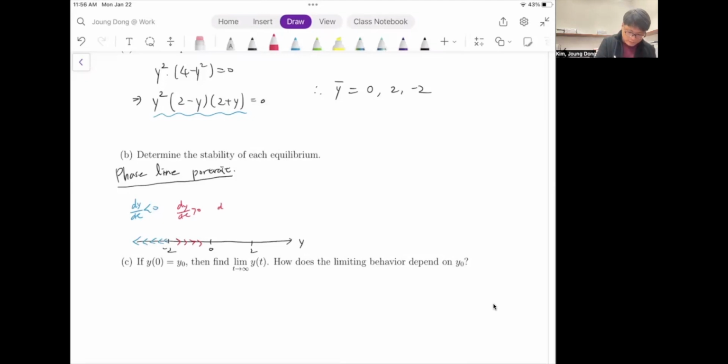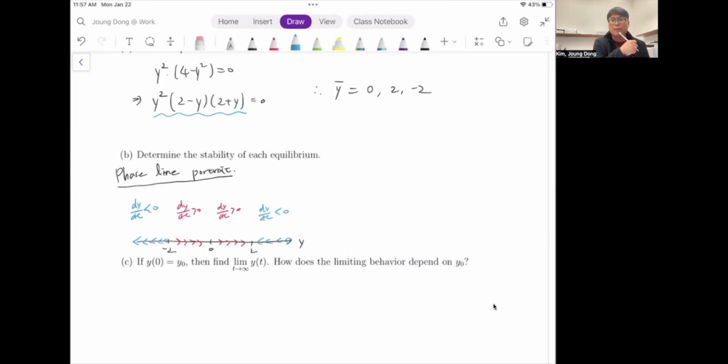Good, so positive, going up as well. And what about bigger than 2? Maybe 100. y squared is positive, 2 minus 100 is negative, and 2 plus 100 is positive. So we can say it is going down. Does it make sense?